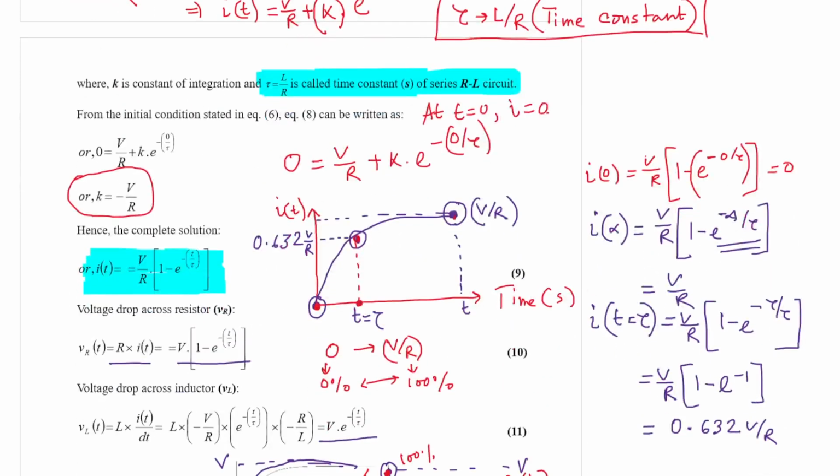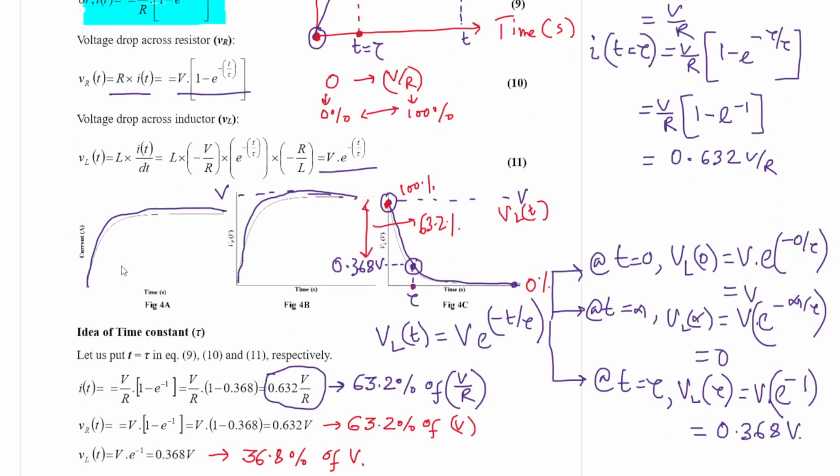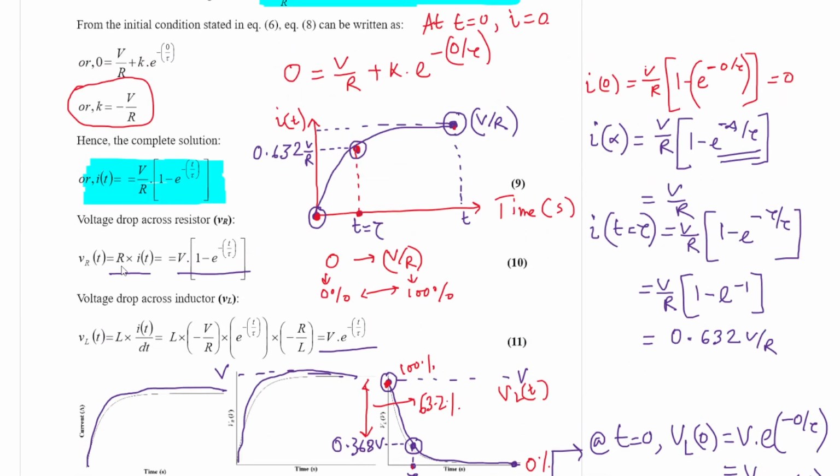We have got the expression of i(t), that is the current flowing through the circuit. We have also observed the voltage across the resistance and the voltage across the inductance. There we have found that they are not linear in nature, they are exponential in nature. And we have introduced a very important concept of tau, which is the time constant.